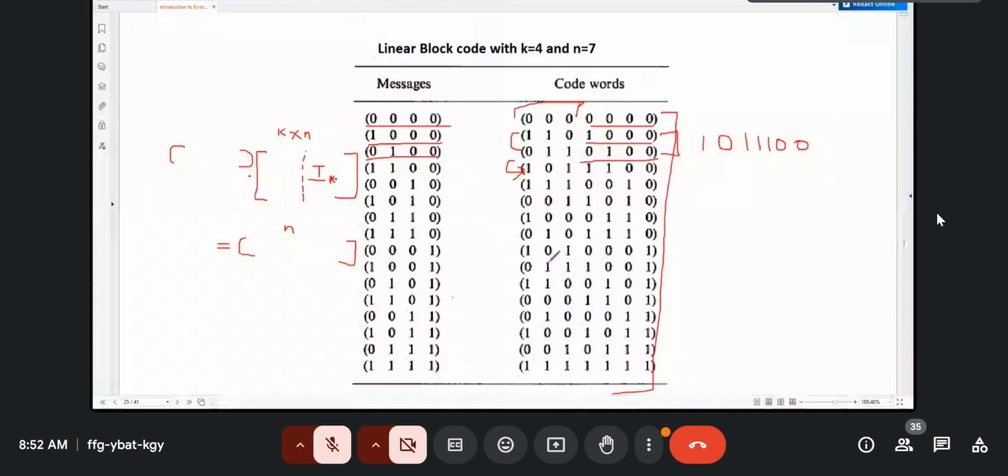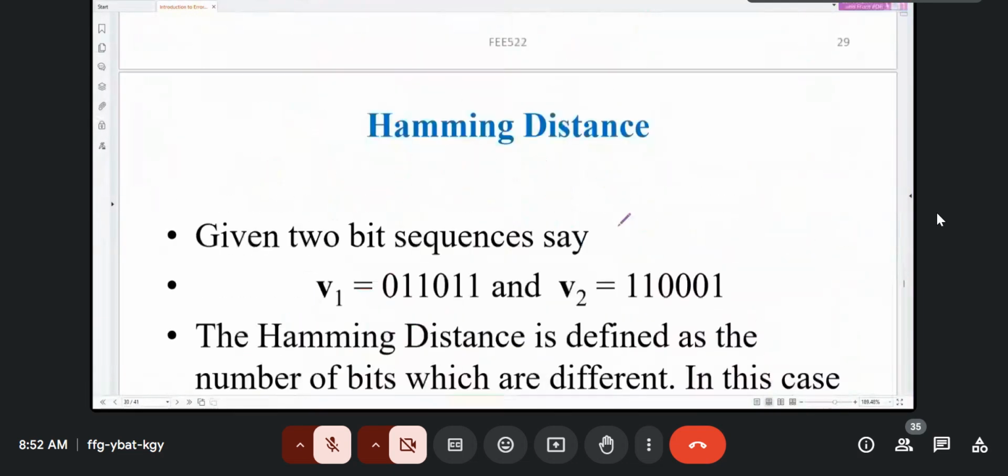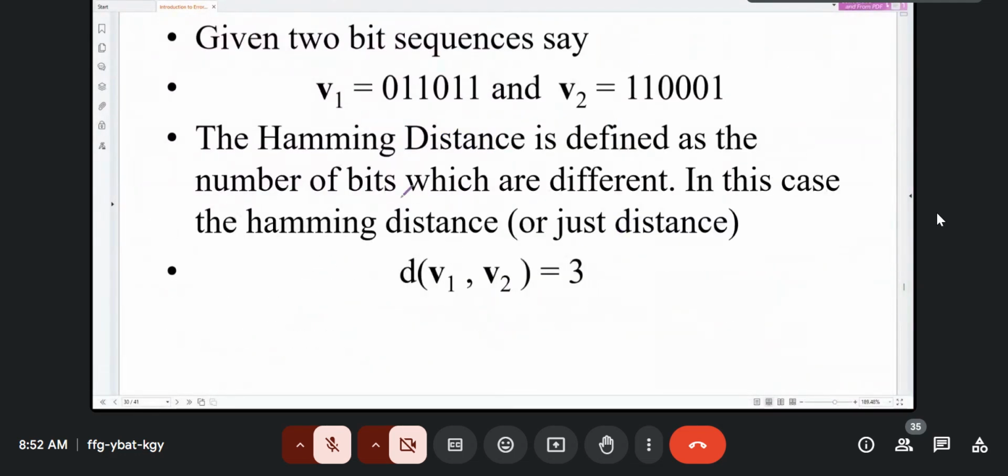Now, for this to work, there are a few important rules here, and it comes from something Hamming discovered, so we call it the Hamming distance. If you have two vectors, the Hamming distance between them is the number of positions where the bits are different.